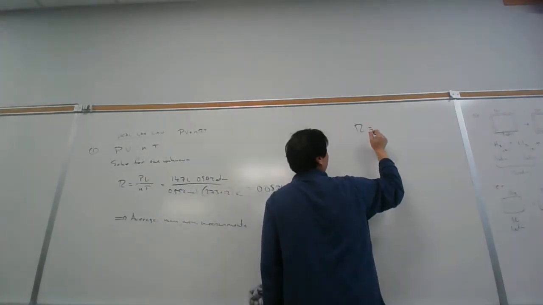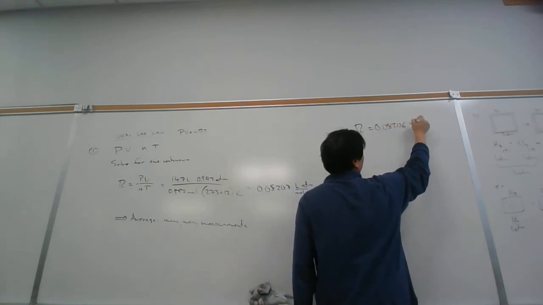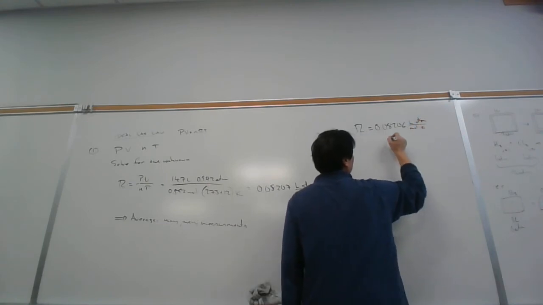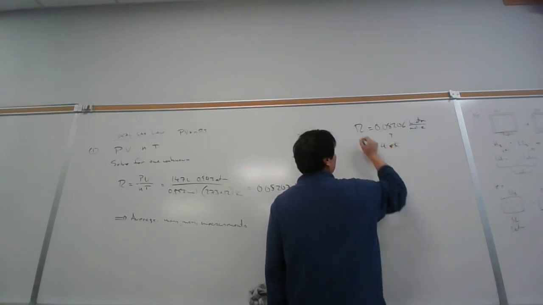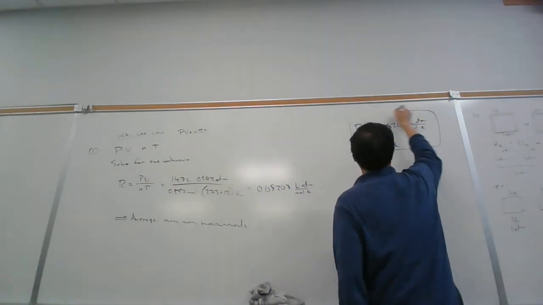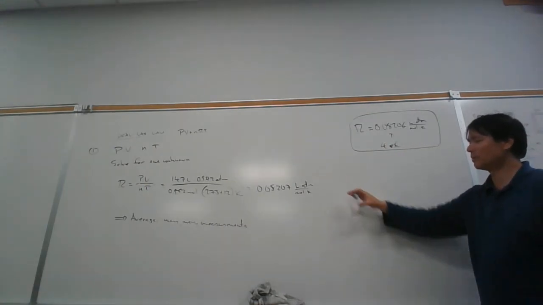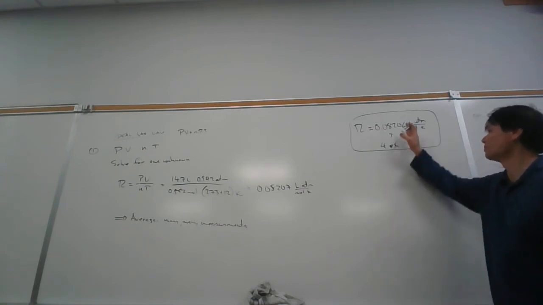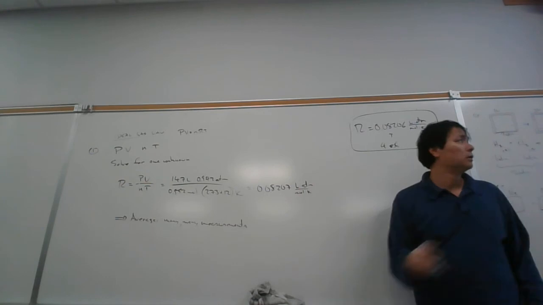So the accepted R value is 0.08206 liters times atmosphere per mole Kelvin. And this is to 4 sig figs, so it's not an exact number. So this is the accepted value. You just run a whole bunch of experiments and measure it a bunch of times and then average that. And this is what we'll use for our R. So this comes out close.